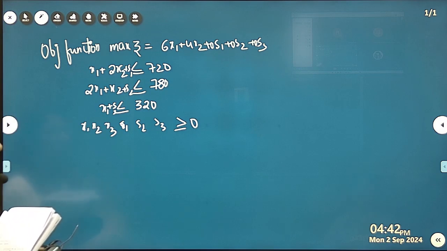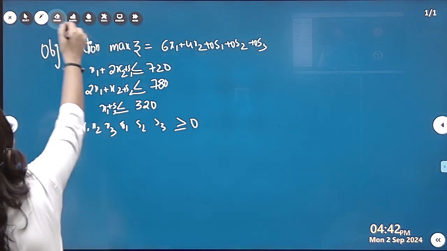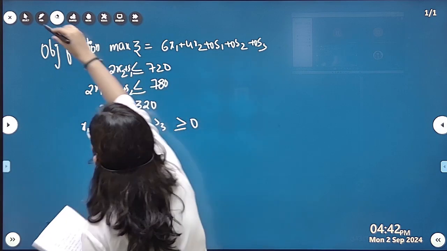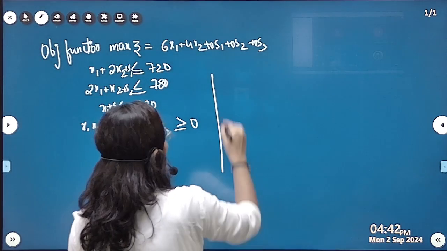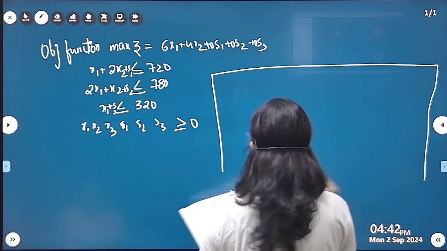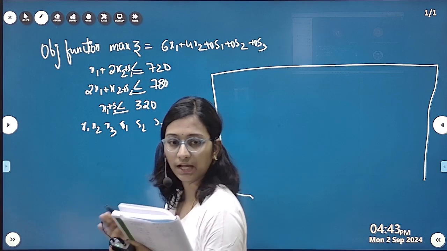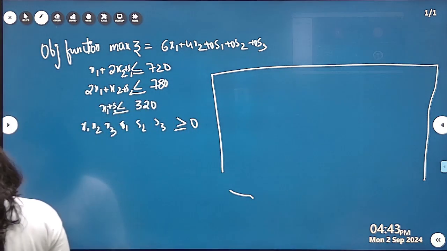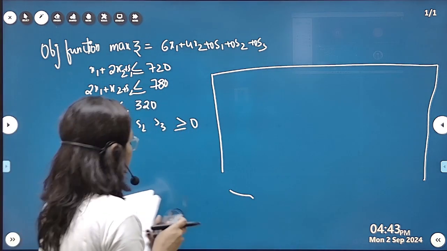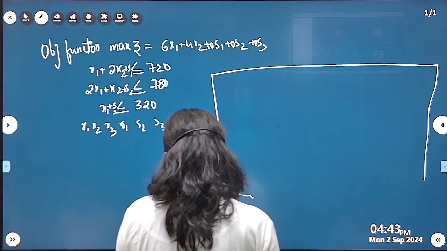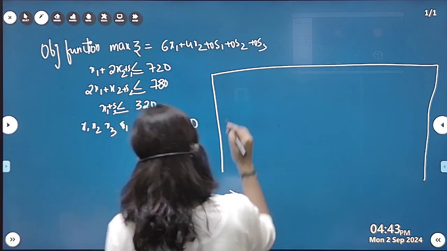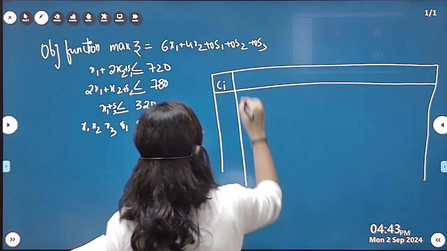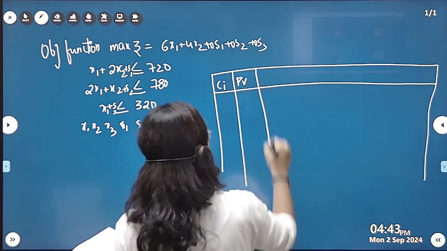Now we need to do the table. So copy down the table. Write this. Don't look like that only. Copy it. After going home, write this question also over there. Okay. So this is Cj. So this is 4 rupees.